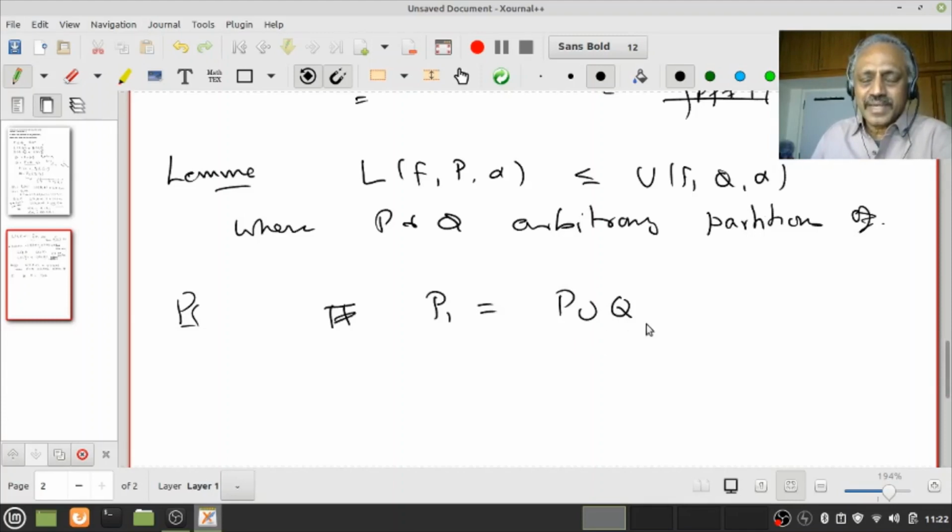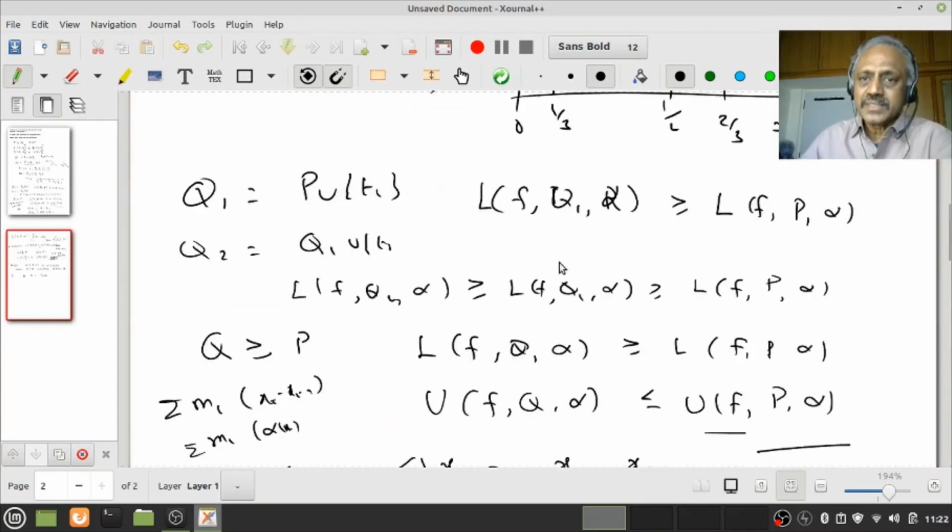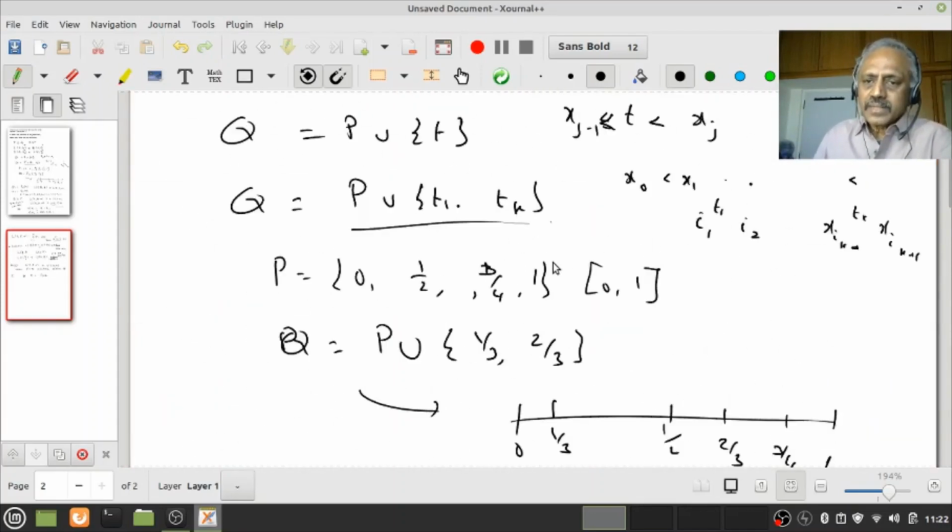What is the meaning? I just now explained. Take all the nodes of P, take all the nodes of Q, and then put them in the natural order. There may be some overlap also. For example, in the earlier case, my partition might have even had 1/2 here or 3/4 here, right? I put all the nodes, and if a node is repeated, don't worry, but put them in order.